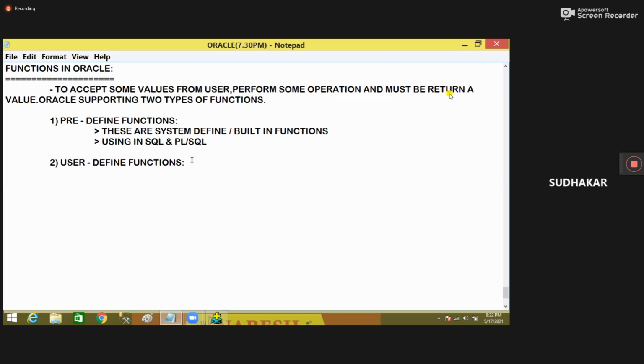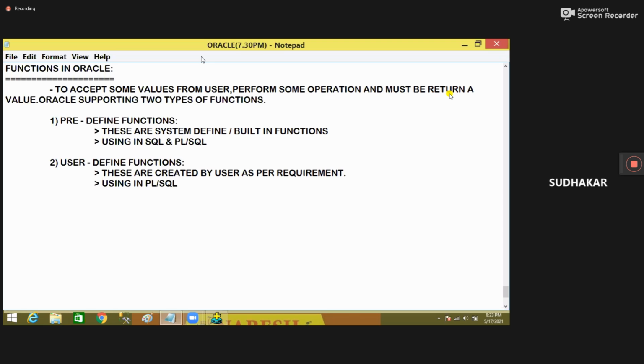Now, come to user-defined functions. These functions are created by the user as per requirement basis. But unfortunately, guys, user defined functions are used in the PLSQL language only.